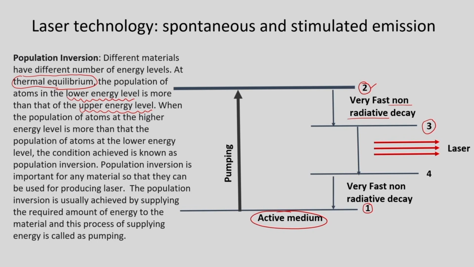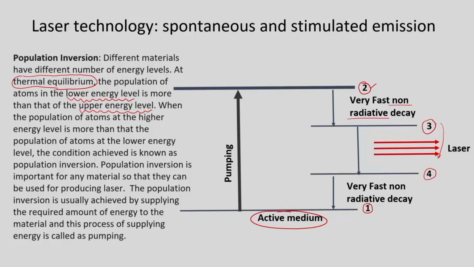But from state 3 to the lower state, state 4, the duration is a little longer, and during this transition from 3 to 4 there is generation of photons having the same phase, same direction and same wavelength as the passing photons.